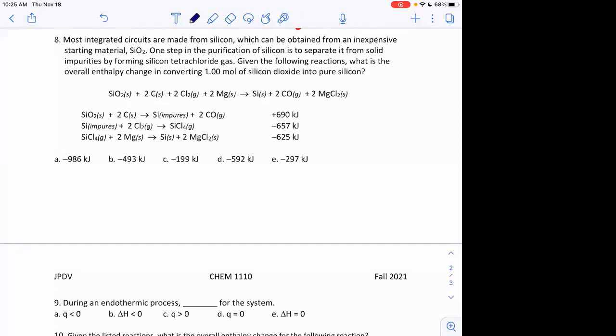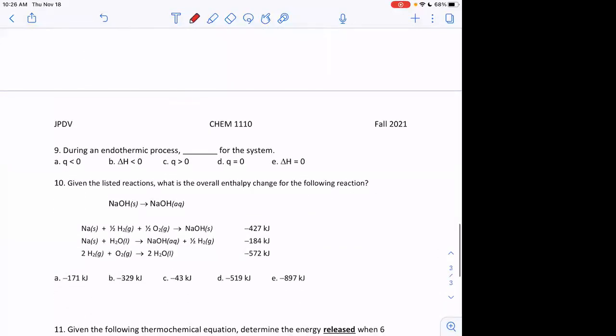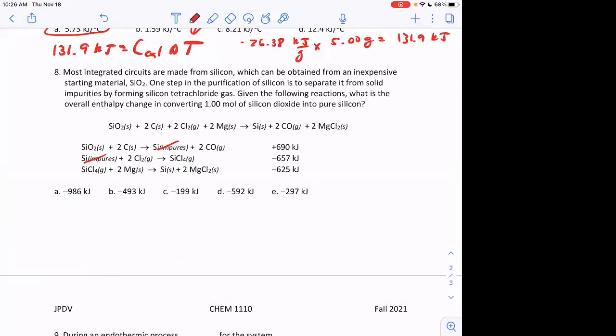So if we add these all up, we'll see. There are the impurities. There's one down there we can do. Anything else get canceled? Oh, that gets canceled out too, right? There we go. Is that it? Everything else stays. You add this up, you get from the top reaction silicon dioxide plus 2 carbon.